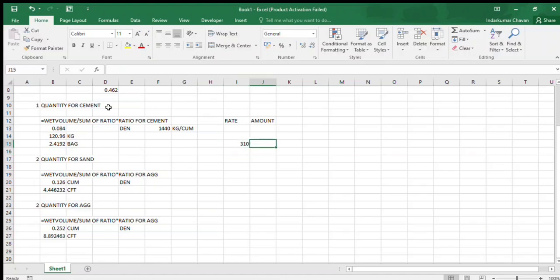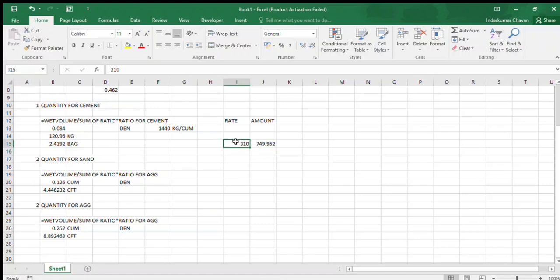Excluding GST. And I will apply this formula, my rate multiplied by bags of cement, right? So for 0.3 cubic meter I require 749 rupees, that is 750 rupees for 2.4 bags.